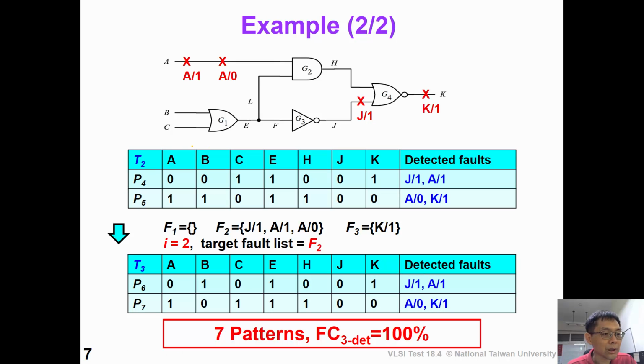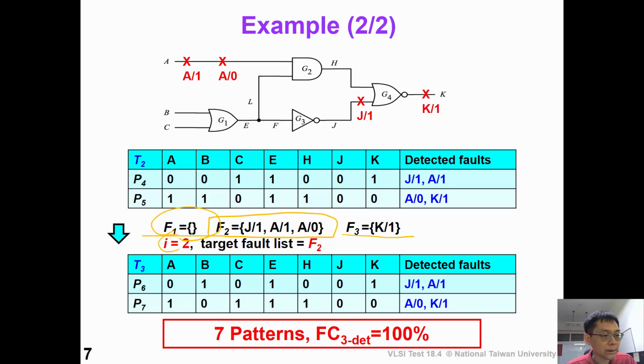Now continue from the previous example. Since all the faults have been detected at least twice, F1 is empty, and F2 has 3 faults. F3 has 1 fault, which is K stuck at 1.